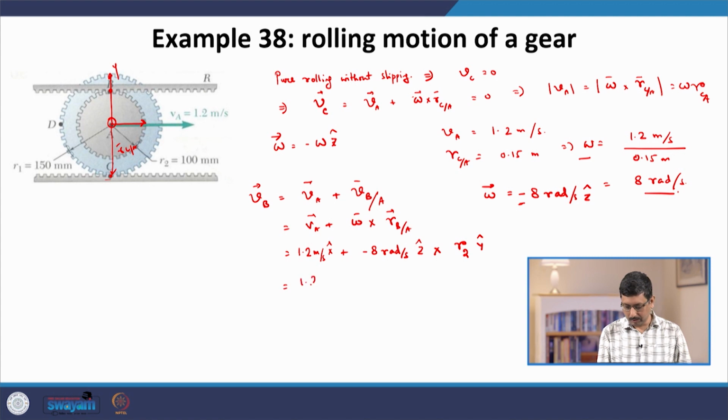Now z cross y is minus x, and with the minus sign this is x hat.